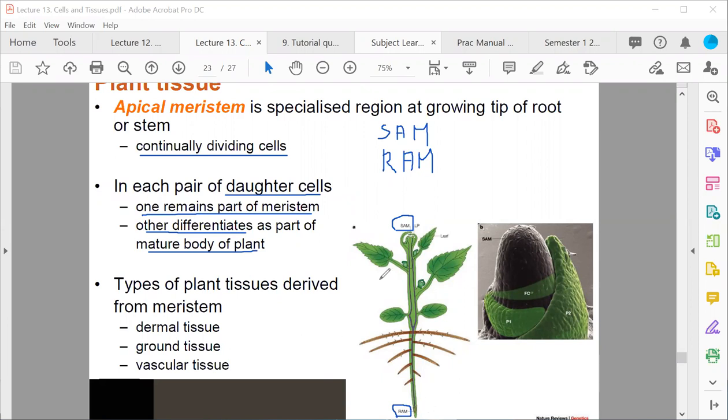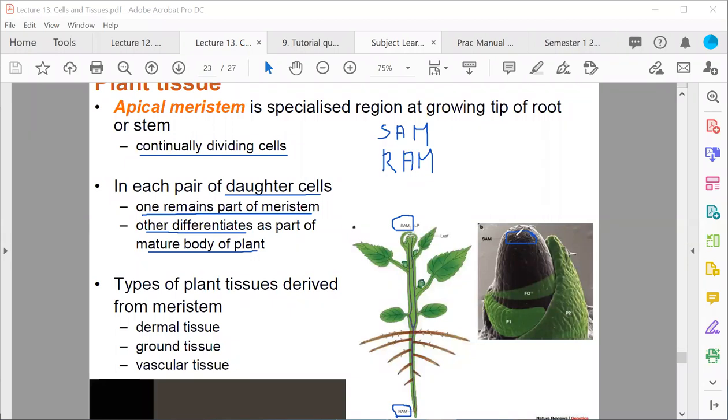All right, so those meristem cells have actually been mapped. So let's say that's the region of meristematic cells here. They've actually discovered that there are specific meristem cells here that will give rise to specific tissue types.